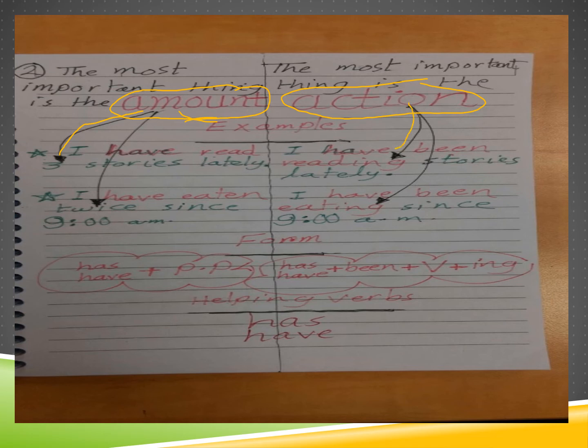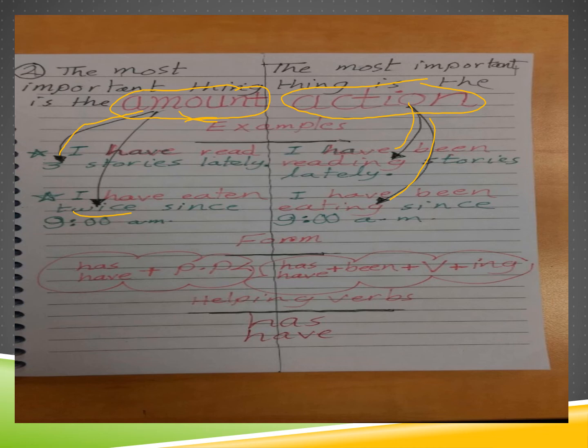I didn't mention how many stories I read. One last example: I have eaten twice since 9 a.m. Twice, how many times I ate. And I have been eating since 9 a.m. So I am concentrating on the action now. I didn't mention how much I ate or how many times.